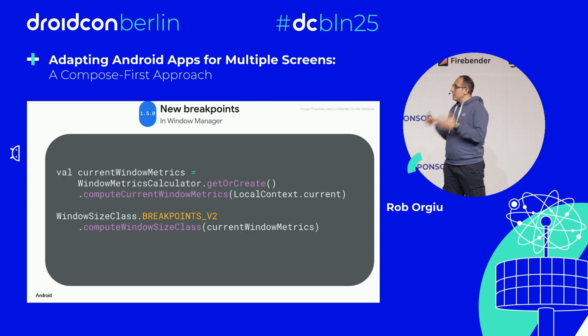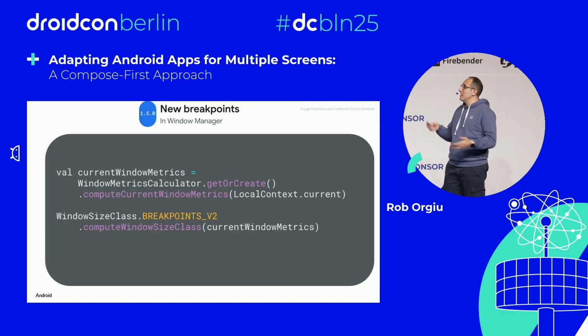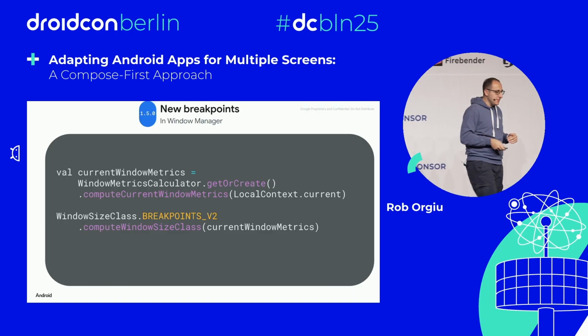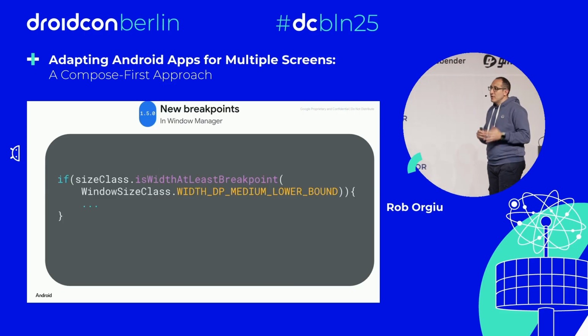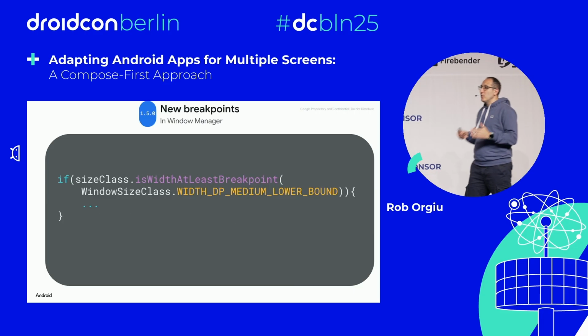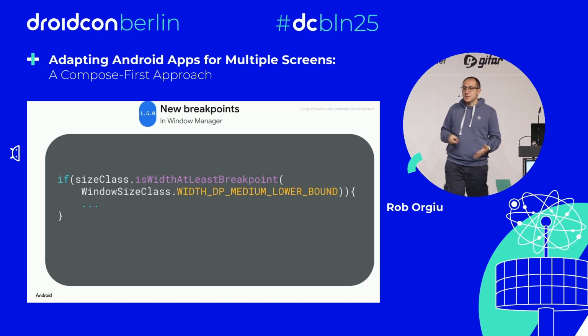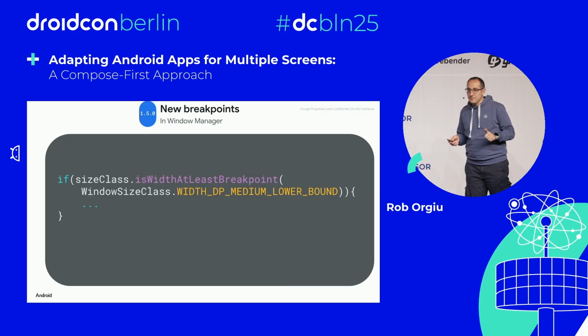So if you're using the window size class today, what you need to change is just the version, and you'll get the new breakpoints. And then, with a simple if, you just check in which of the buckets your app is running. This is all the code you need. OK? Super simple, right?